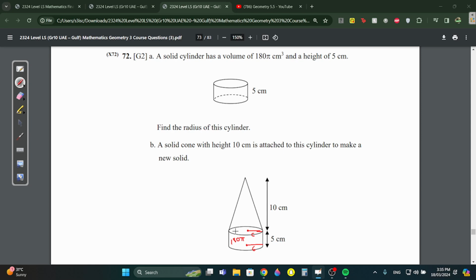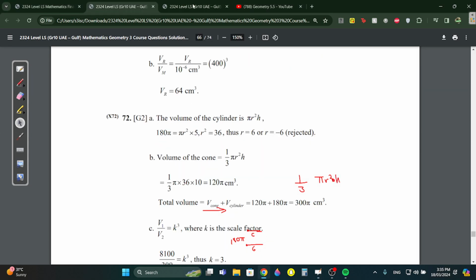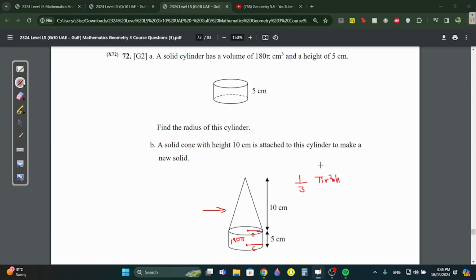For the cone, the volume of a cone is 1 over 3 area of the base times height, pi r squared h. Yeah, the volume of a cone is 1 over 3 pi r squared h. So 1 over 3 times pi times 36 times 10, because the height is 10 and r squared equals 6 squared.